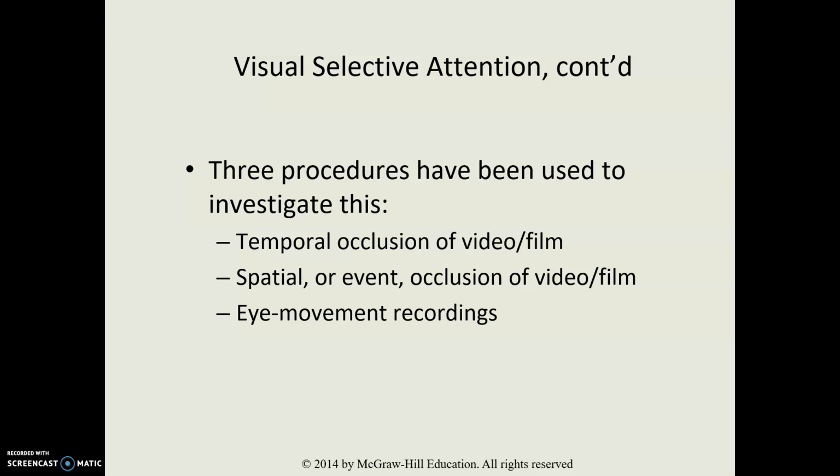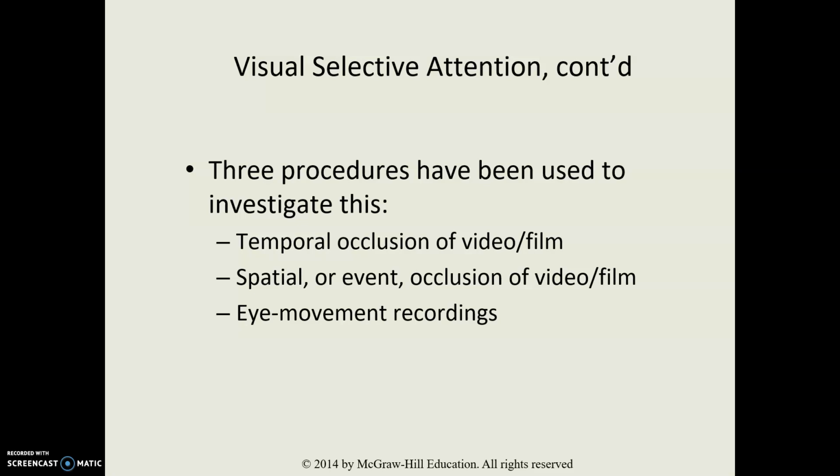And they've also done that with spatial or event occlusion, where they show a video and maybe they mask or tape off part of the body to see if in fact there are certain parts or cues from the body that would help you be more successful in selecting cues in order to be good at a performance.